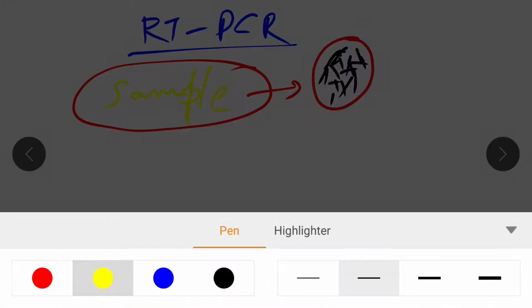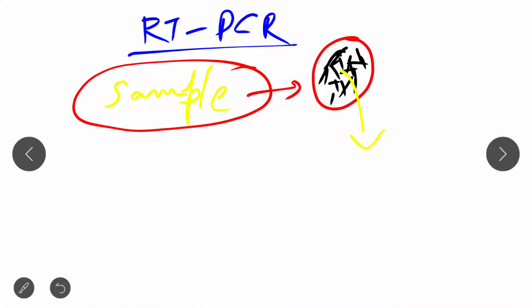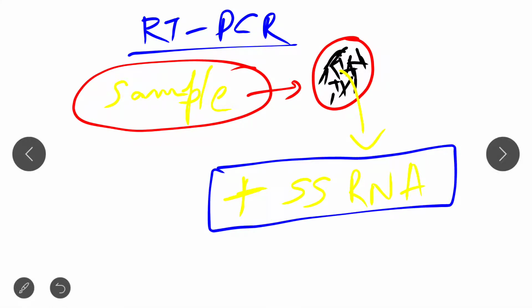And we know what the genome of this viral particle is, that is, the genome of COVID-19. The genome of COVID-19 is positive single stranded RNA. So first we collect the sample, either through a nasopharyngeal swab, or through an oropharyngeal swab. Clear?